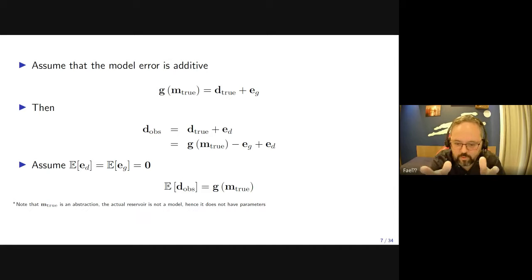That's the strongest assumption I'm going to make at this point. I could relax this assumption and add a bias term and try to develop expressions for the bias term. People did that, but in operational settings we basically neglect this bias and try to survive with it. We just make this kind of assumption.